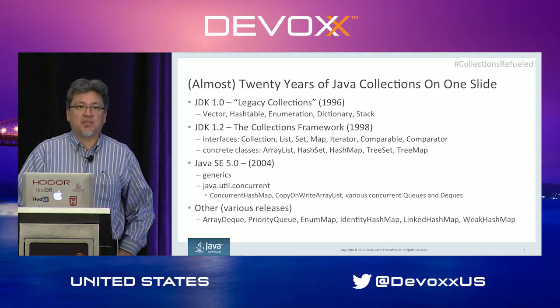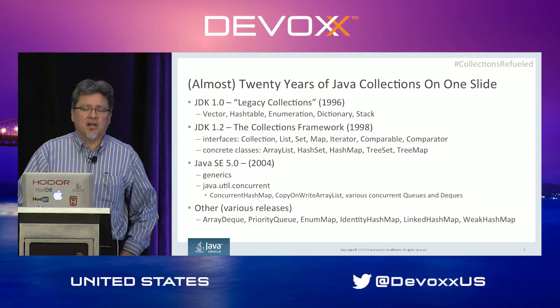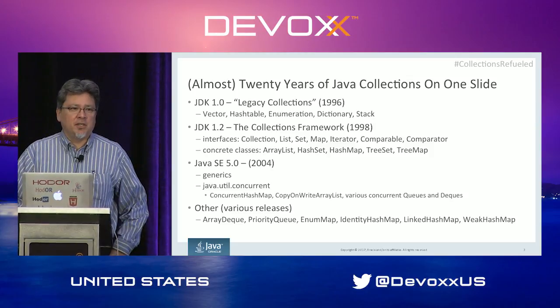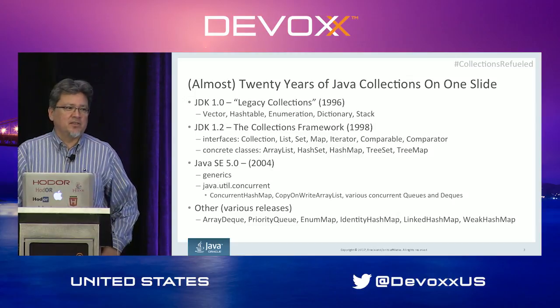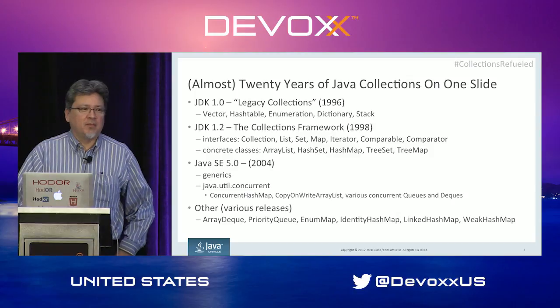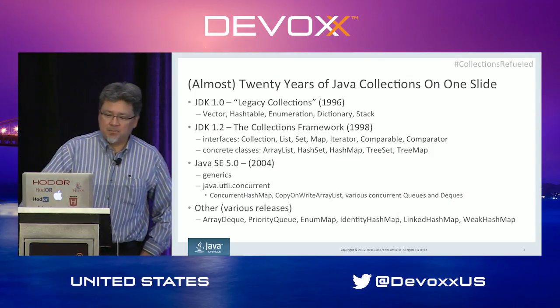In fact, a paper just came out a few weeks ago, or actually it was pre-published. It's going to be published at the conference this summer, I think. It did an empirical study of the usage of collections. And it turns out ArrayList, surprise, surprise, is the most used collection in Java. Some very large fraction, might even have been a majority of uses of collections, are ArrayLists.